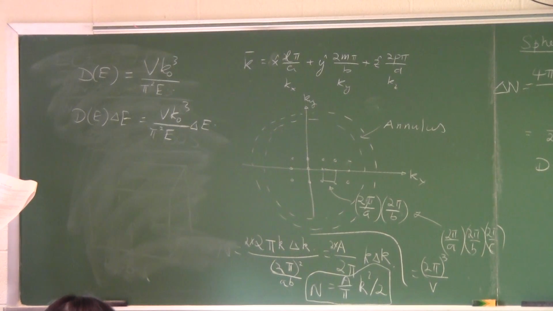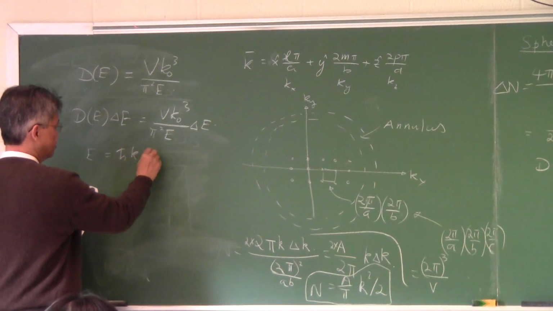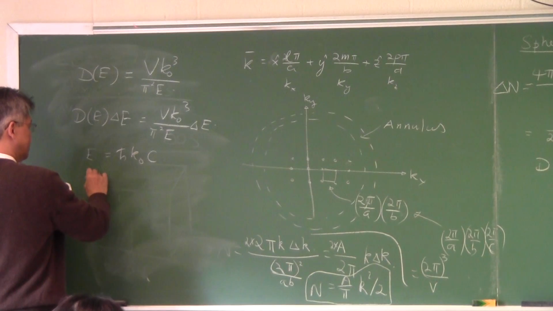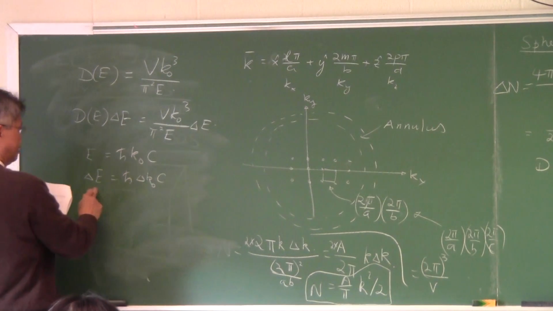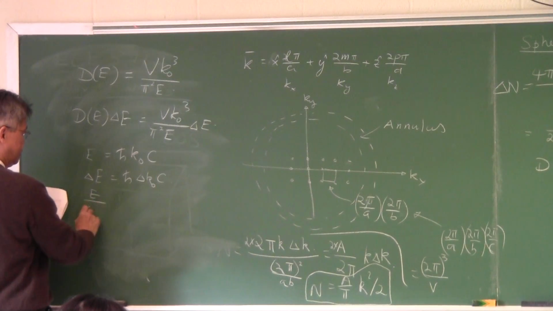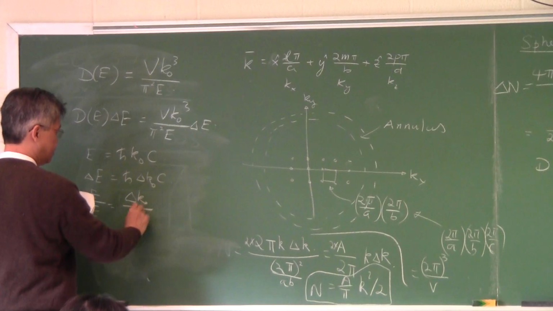So if I do this, then if I go back and look at my E again, my A is h bar k naught squared E. My delta E is equal to that. And E over delta E is equal to delta k naught over k naught.